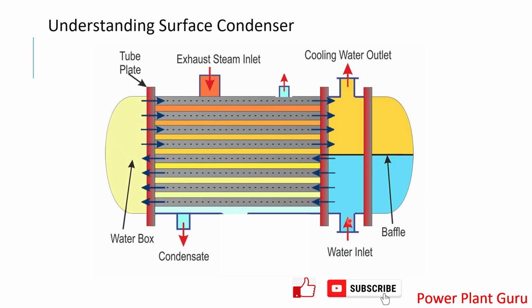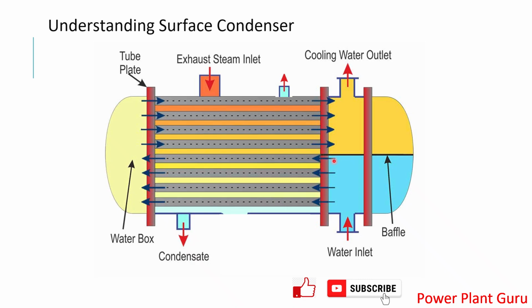So now the cooling water goes, and there is a flow of cooling water in these tubes, which may be lakhs or tens of thousands of tubes in different sizes of condensers.